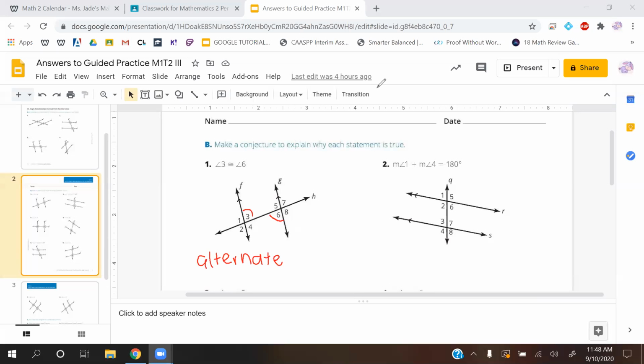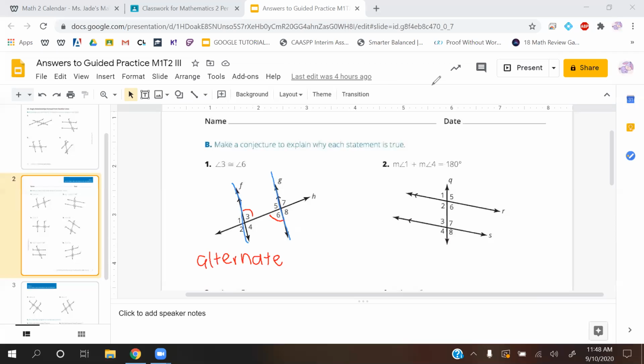Okay, and then let's just have all of you shout out if you have a working mic. Is this interior or exterior? Exterior. Exterior. Okay, so I heard 2 exteriors and 2 interiors. So let me clarify for you guys. When you're deciding if it's interior or exterior, you look at your parallel lines.